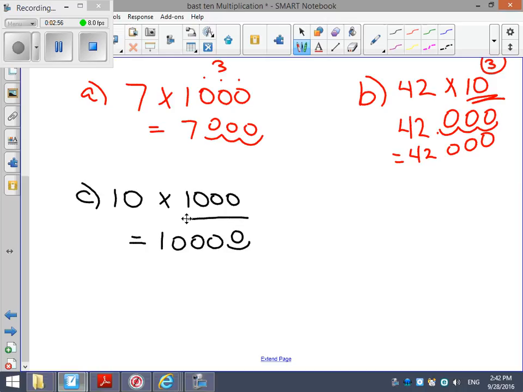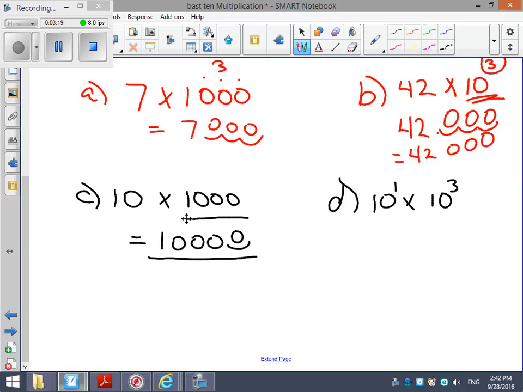And here's where it gets really close to what we're doing. From this, you should know that 10 to the 1, which is 10, times 10 to the 3, which is 1,000. And if we were to rewrite this out, it would be 10 times 1,000. We already know that's going to be 10,000. We just did it over here on the left.